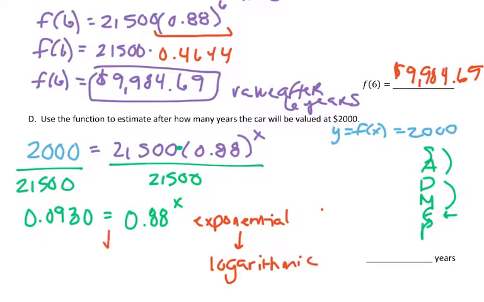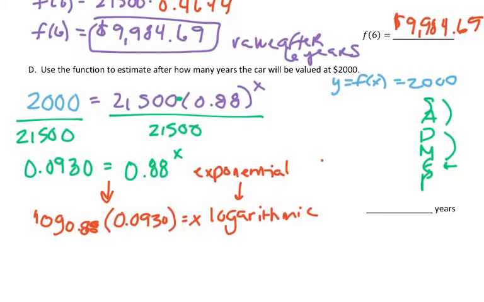So how do we change it to logarithmic? Well, remember that we have a log, and it's going to be the base of the thing that's being brought to a power, so 0.88. That's a terrible base. 0.88 there. Maybe I can write it. And then of the answer, so 0.0930, and that's going to equal x.